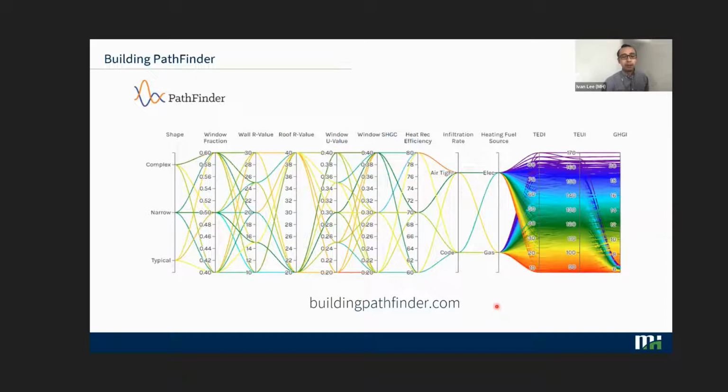So in this case, I've screenshotted the operational energy tool. And basically each one of these lines here represents an energy model. So basically there are multiple models out here and multiple cases of data and scenarios.